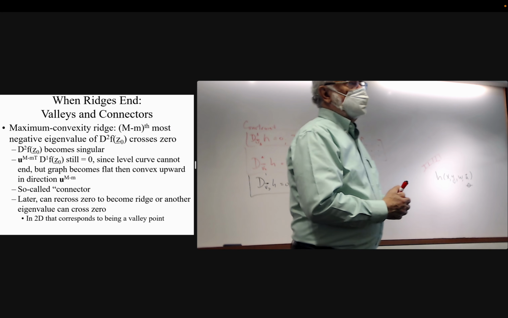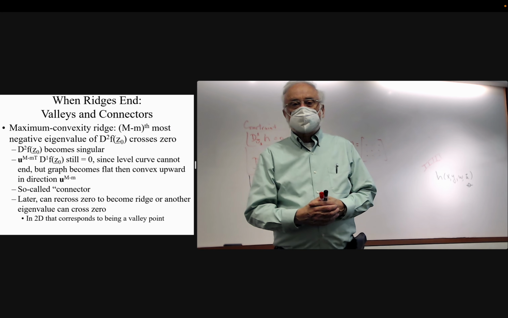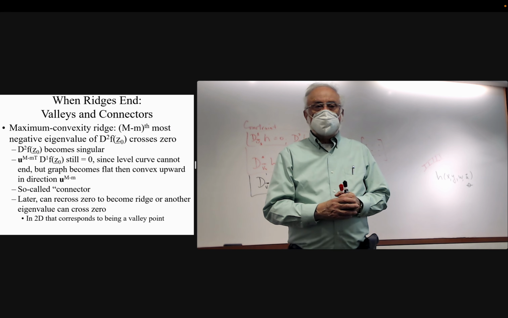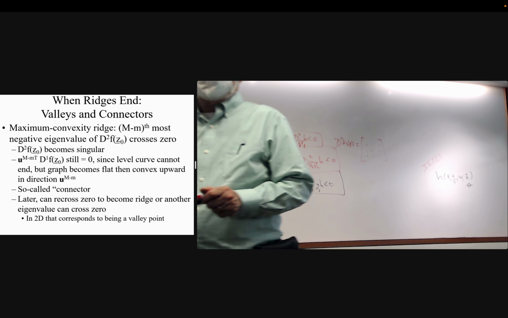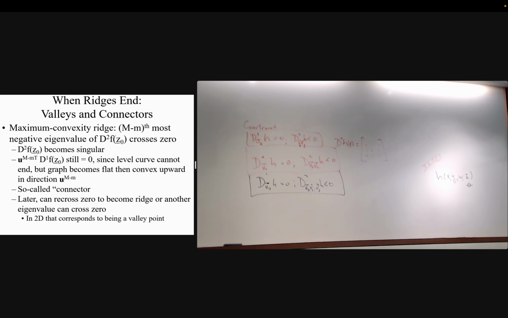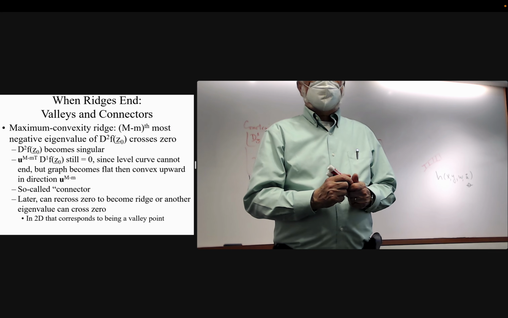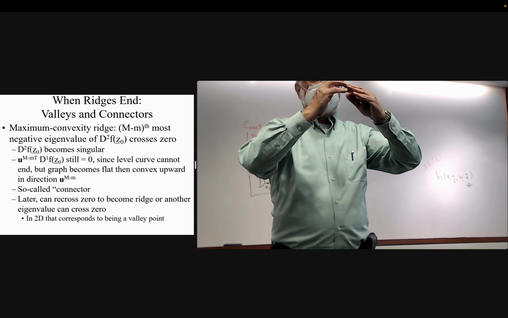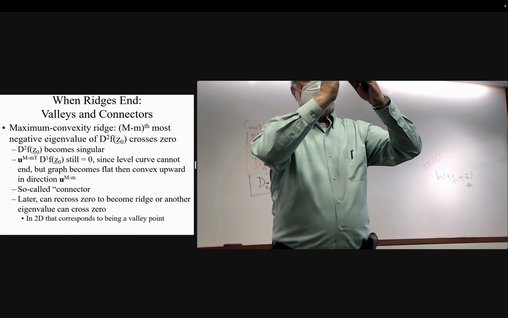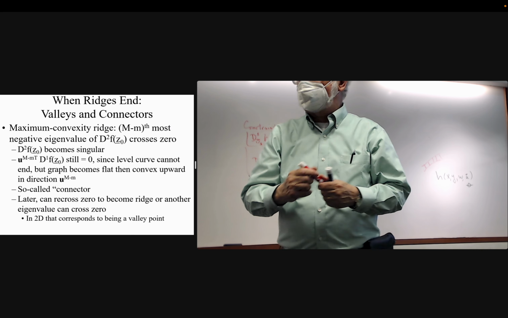And the answer is it is not the case that there stops being directions in which h has an extremum. But what can happen is the ridge can get less and less sharply curved.